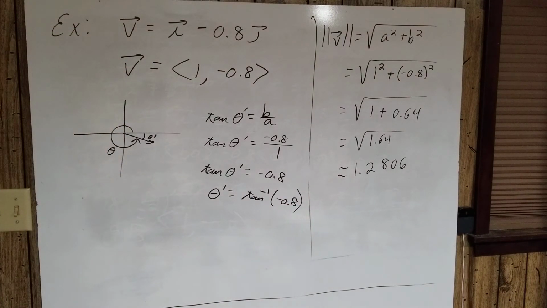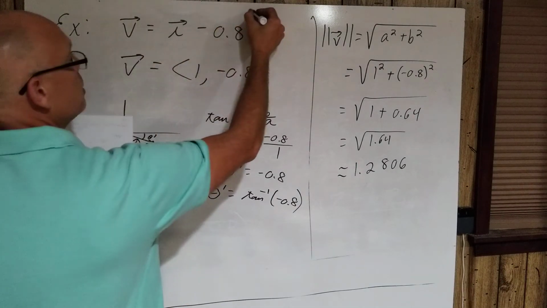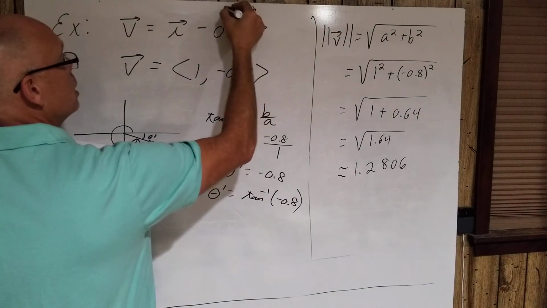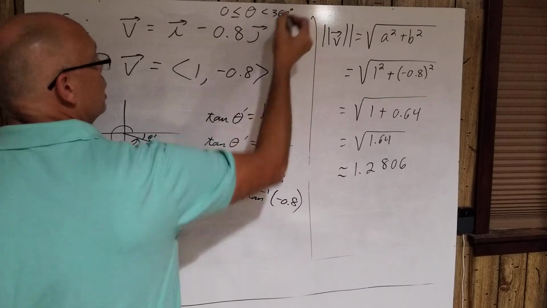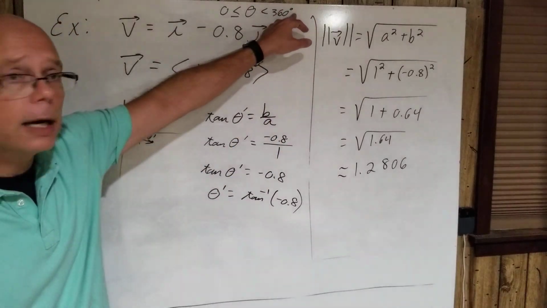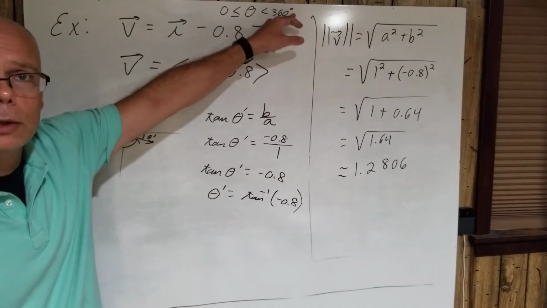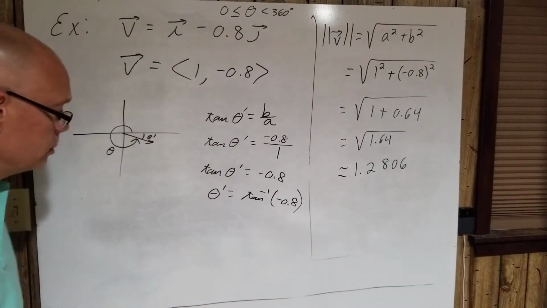Alright, now, be very, very careful here, okay? Because they told us at the beginning of this problem, theta is between 0 and what? 360 degrees. So I definitely need to make sure that my calculator is in degree mode. Make sure it's in degree mode, then you take this, okay?